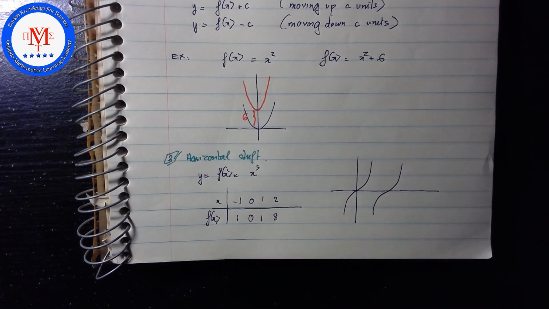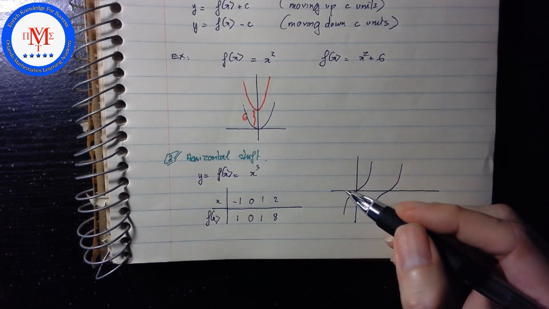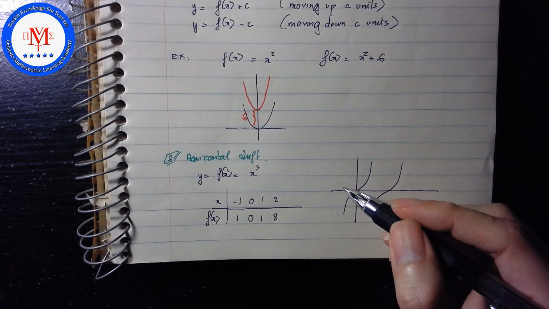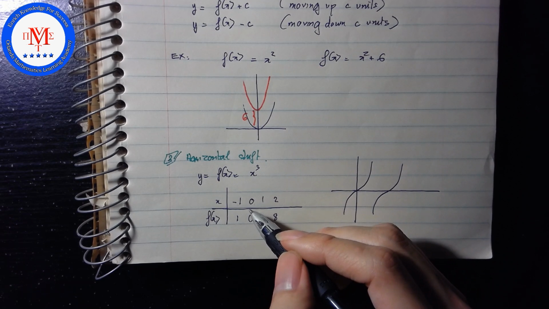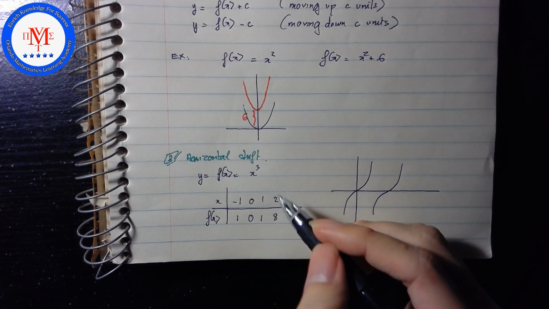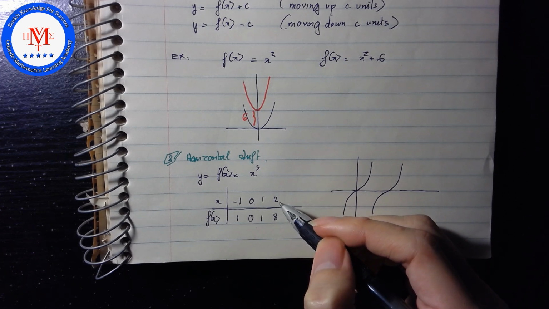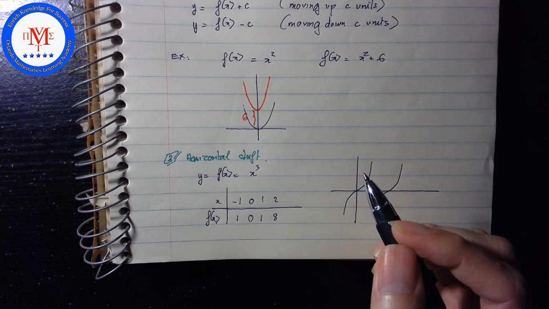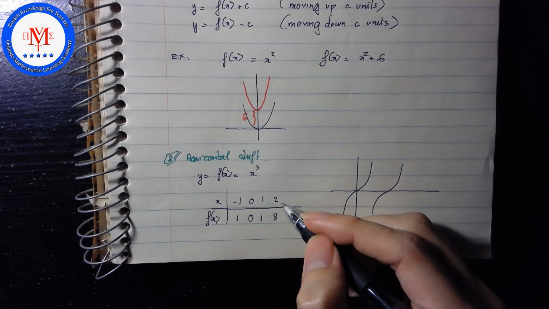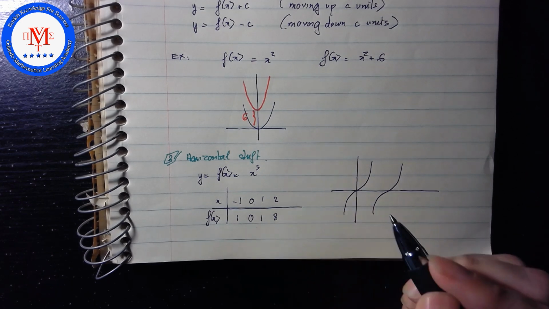And if we want to move to the left, we add a certain number to the x component. For example, we want to move to the left, we add 2. It means that instead of 2, 8, we have 4, 8.